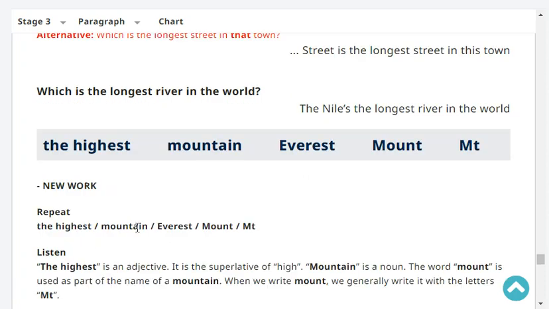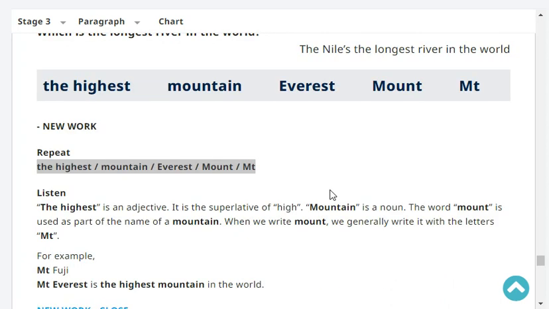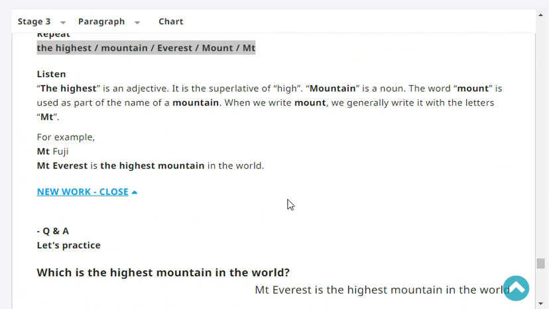Next, the highest mountain. Everest, Mount. Mount is also pronounced mount. Very good. Okay, listen. The highest is an adjective. It is the superlative of high. Mountain is a noun.